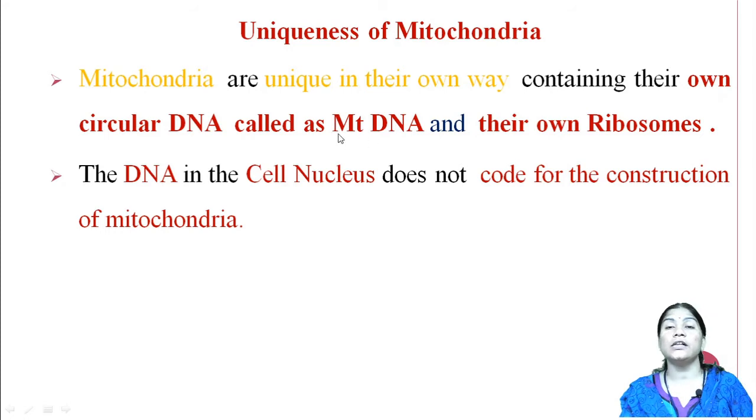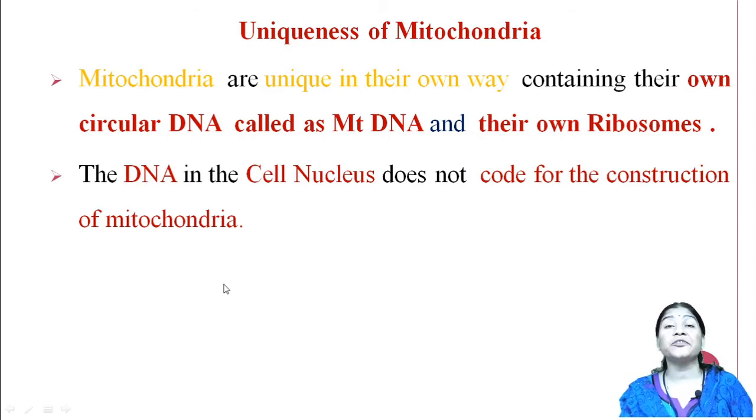In short, it is also called mtDNA. It also has its own ribosomes. The DNA in the cell nucleus does not code for the construction of mitochondria.